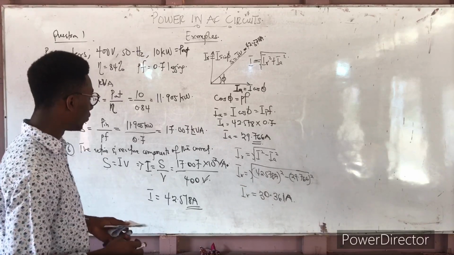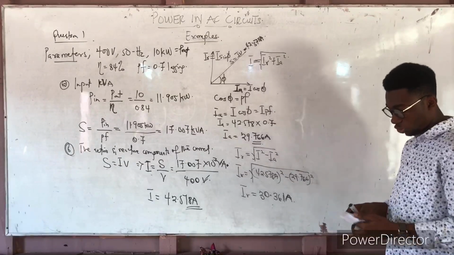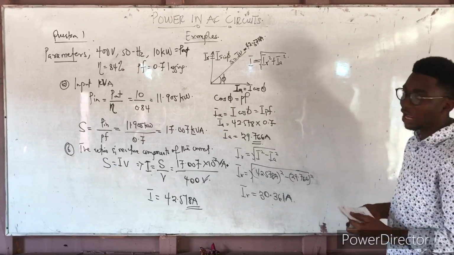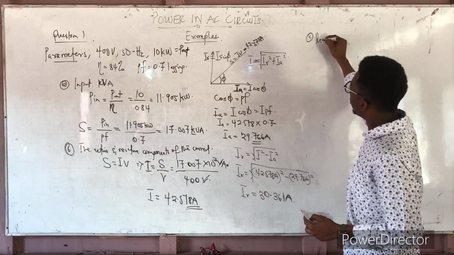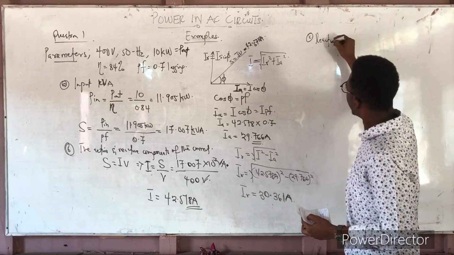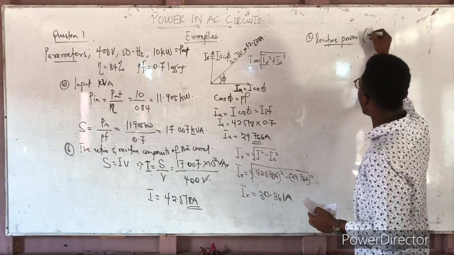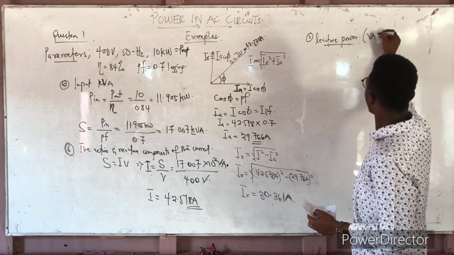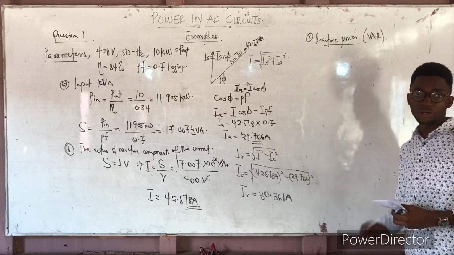Now the C aspect of the question says we should find the reactive power. And the reactive power, we know, is measured in the unit of volt ampere reactive.